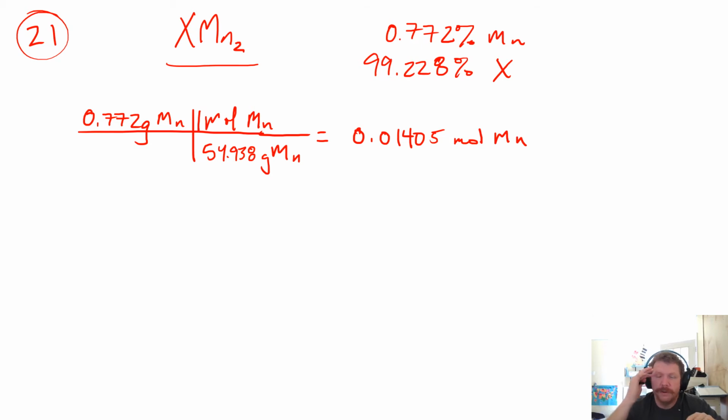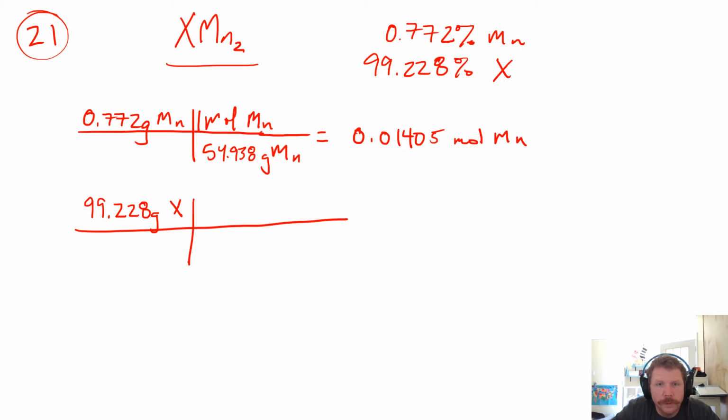Okay, now if I wanted to, which I do, I want to go ahead and set this up and basically place what I'm looking for. So I'm writing 99.228 grams of X, and then I don't know my grams of X, but that's what I'm solving for. It's 1 mole of X.